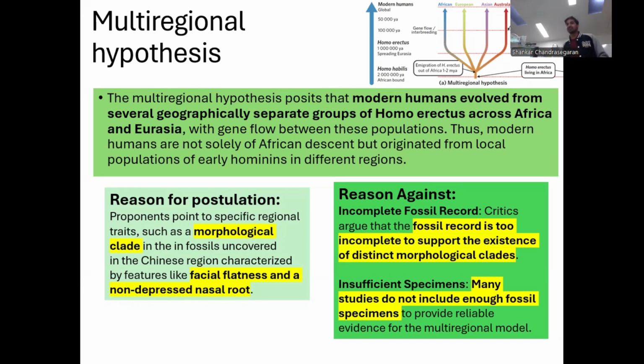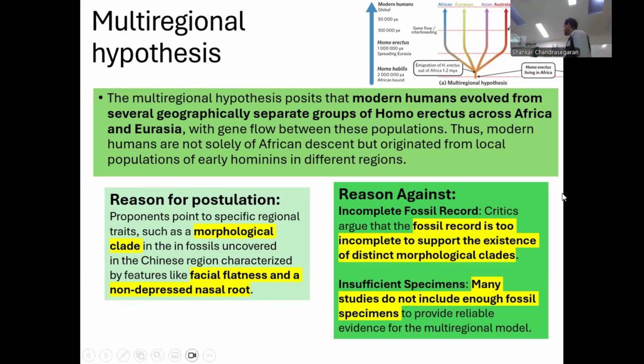As such, they said that rather than one central Homo sapiens evolving in Africa and then eventually migrating to different regions, it would have happened in different geographical areas, eventually emerging out of a population of Homo erectus.